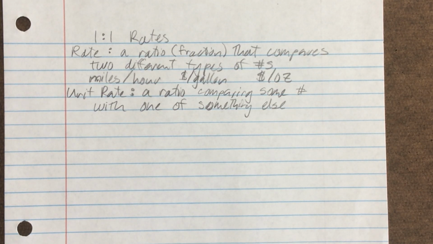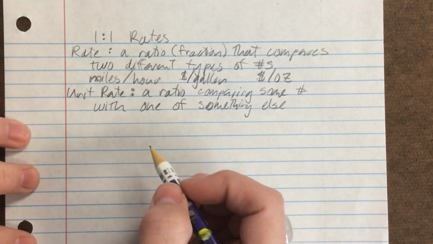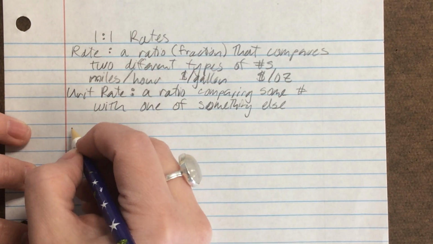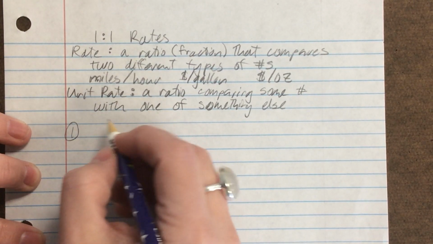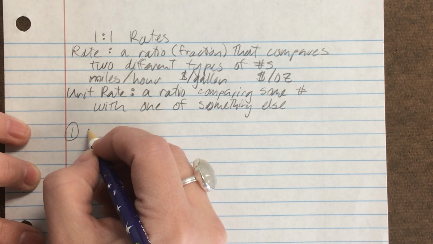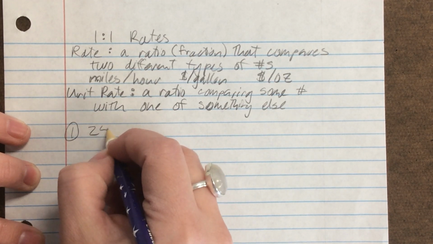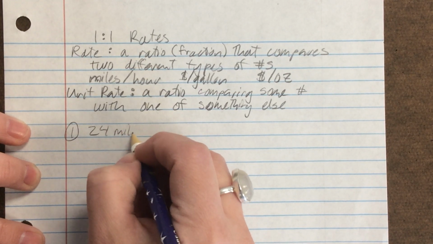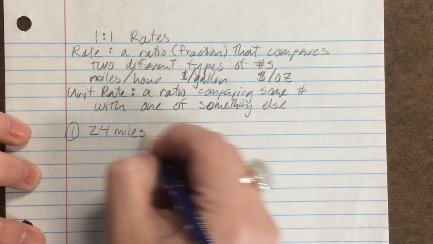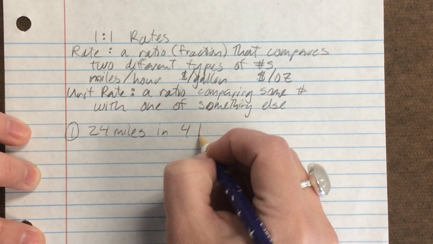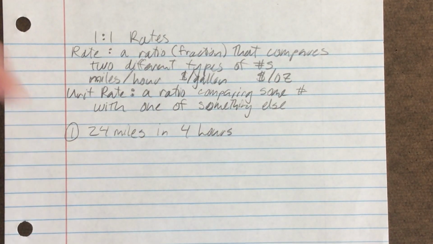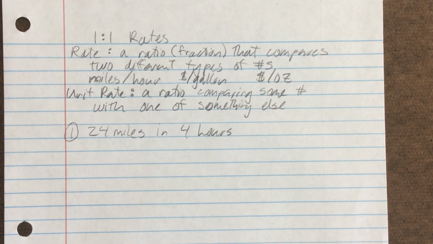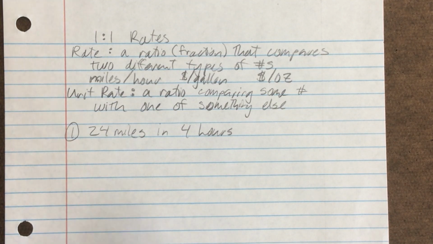So for example, a problem that you would see like this is something like they'll say 24 miles in 4 hours. Okay, and we want to know what our unit rate is, or how many miles do we go in 1 hour.